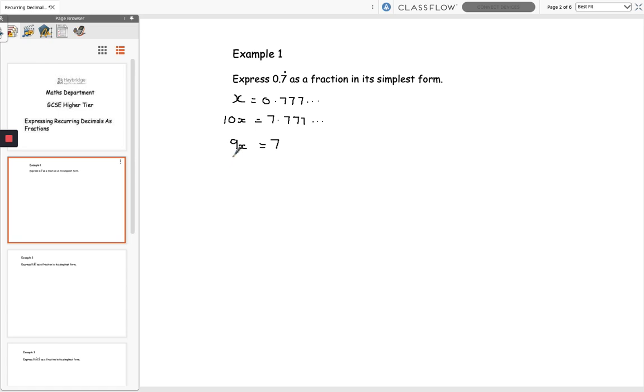So I'm going to divide both sides by 9. And that will give me x equals 7 over 9. And since x equals 0.7 recurring and x equals 7 over 9, then 0.7 recurring expressed as a fraction is 7 over 9, and we can't simplify that because 7 and 9 have no common factors, so that is 0.7 recurring as a fraction in its simplest form.